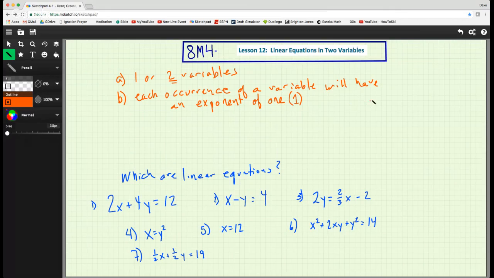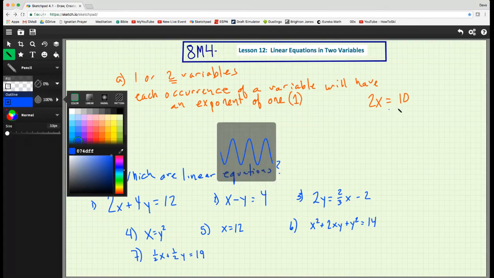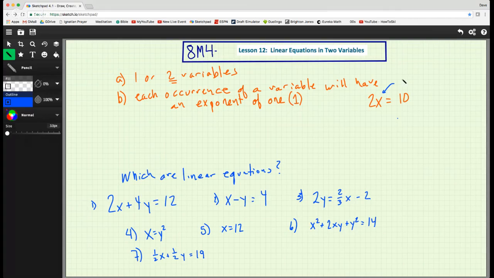And remember, if I write an equation like this, 2x equals 10, this x has an exponent of what? Of 1, right?